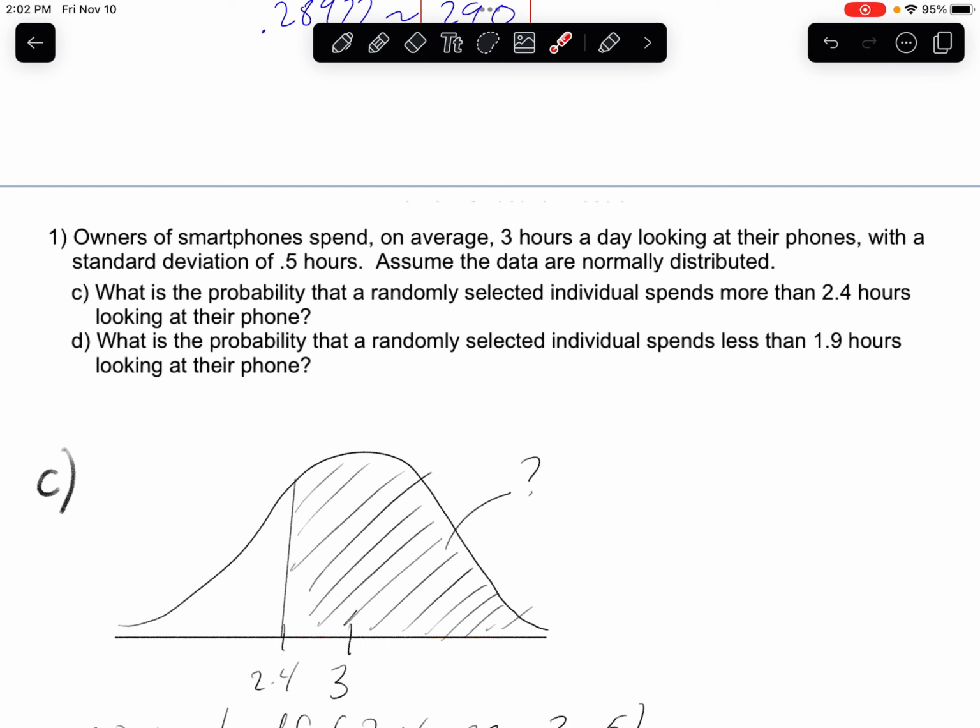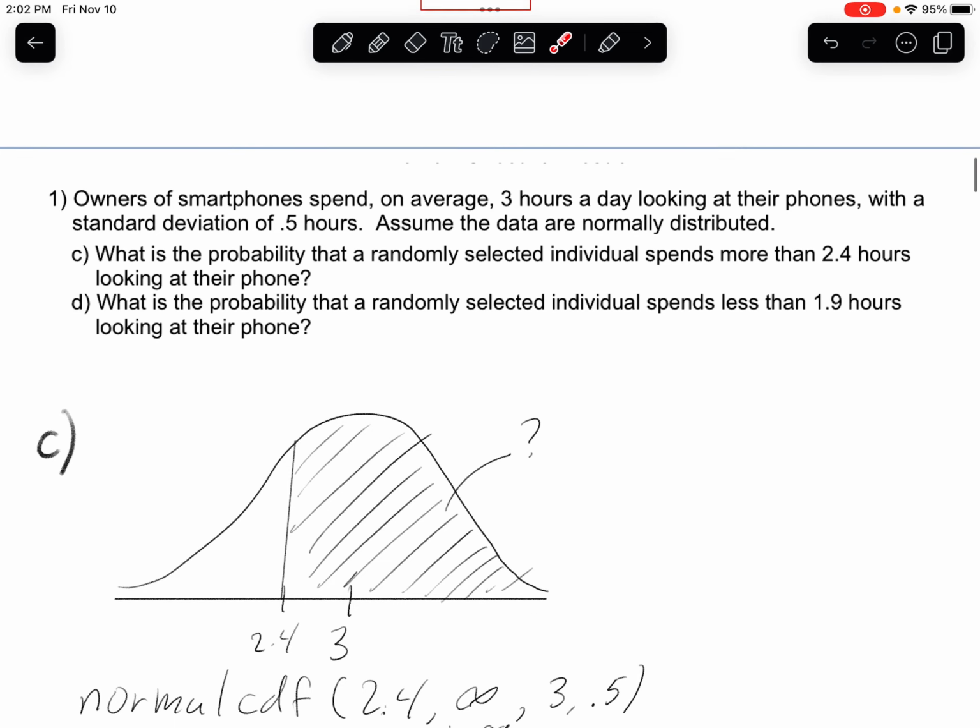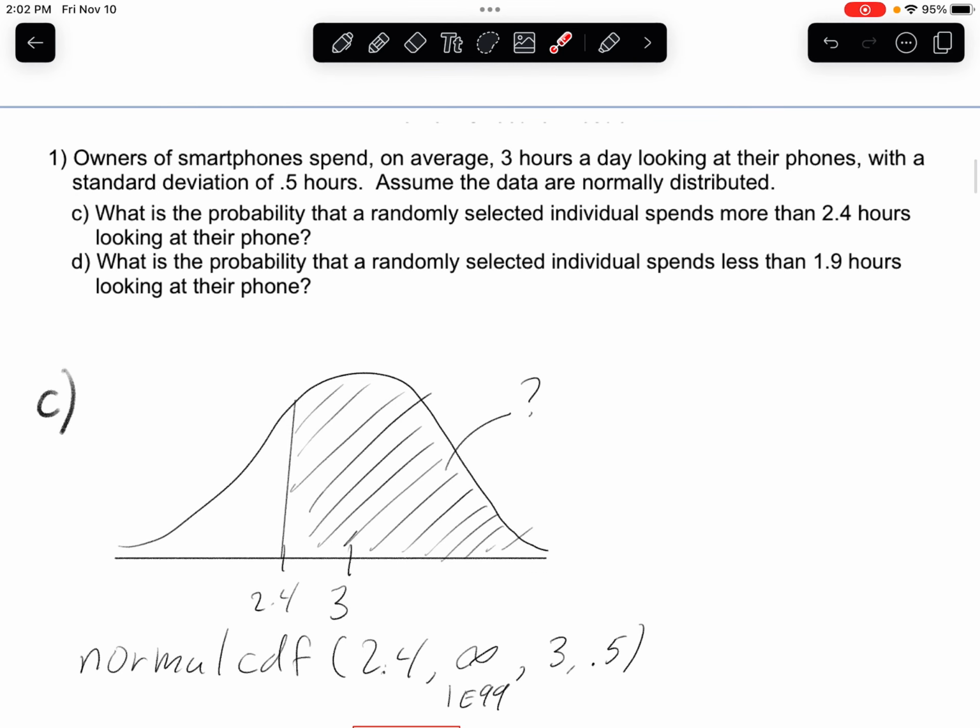So let's figure that out. Right, our normal CDF function, once again, indicates it wants a lower boundary, which will be 2.4. It wants an upper boundary, which in this case will be infinity.